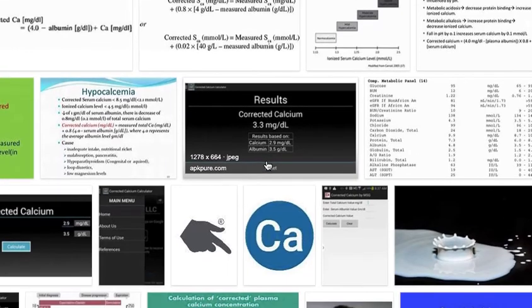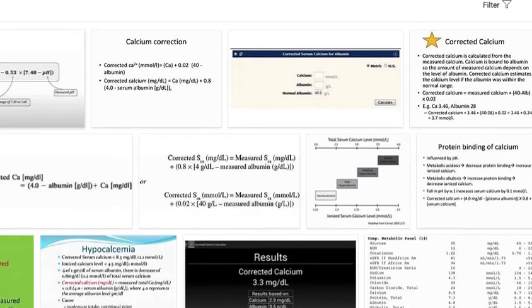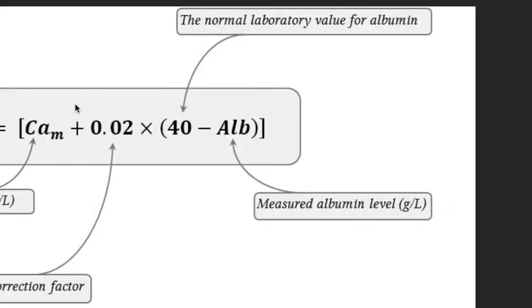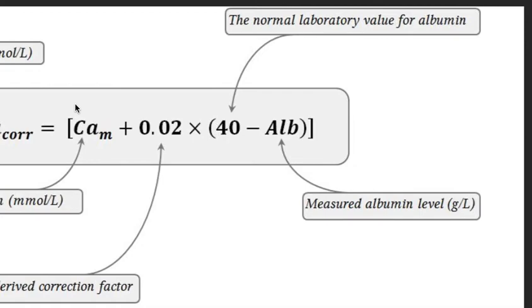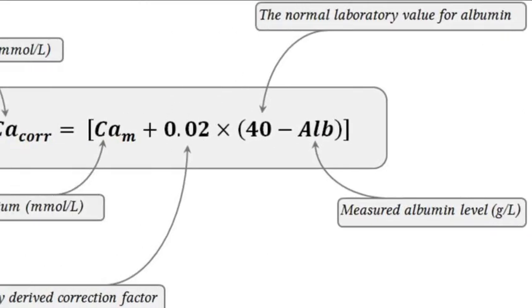Let me find a better one. Okay, you can see this one. Basically, the corrected calcium is equal to calcium plus 0.02 multiplied by 40 minus albumin.